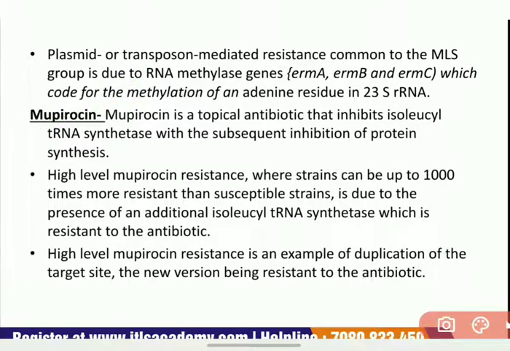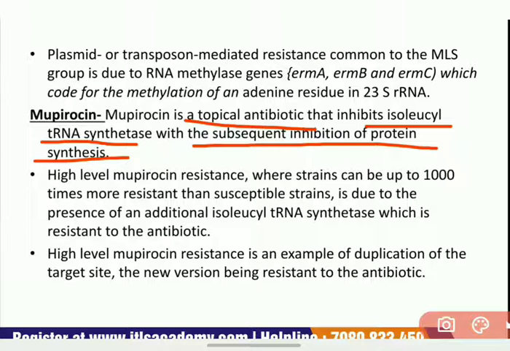Mupirocin. Mupirocin is a topical antibiotic that inhibits isoleucine tRNA synthetase with the subsequent inhibition of protein synthesis.